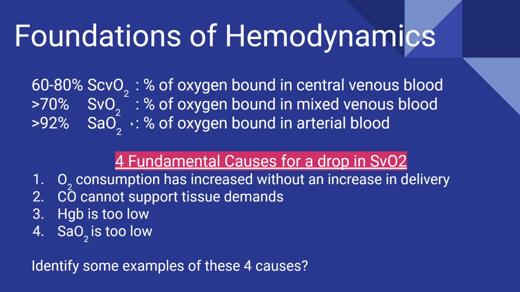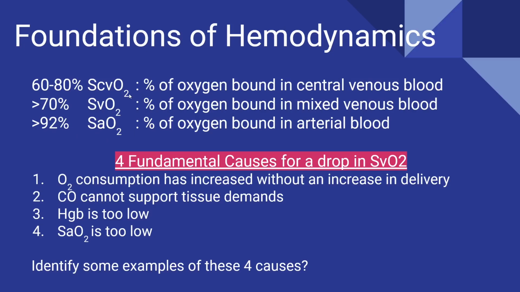And so if we look, we all know what SaO2 is. It's the amount of oxygen in the arterial blood, and we always talk about wanting that over 95%, over 92%. And this is very similar to SpO2.